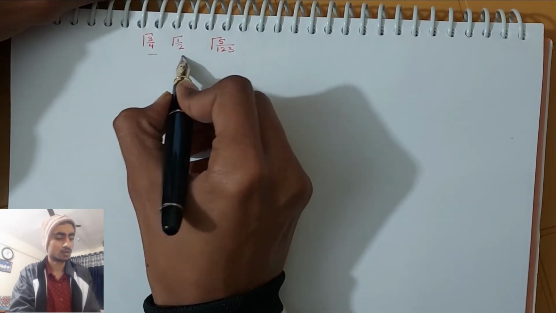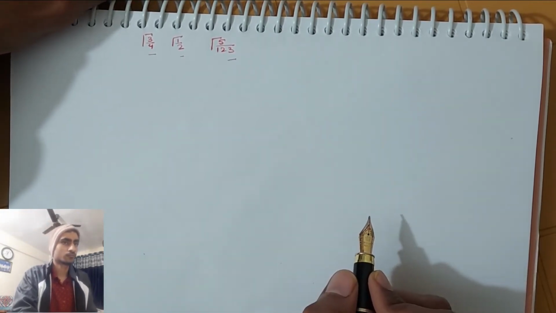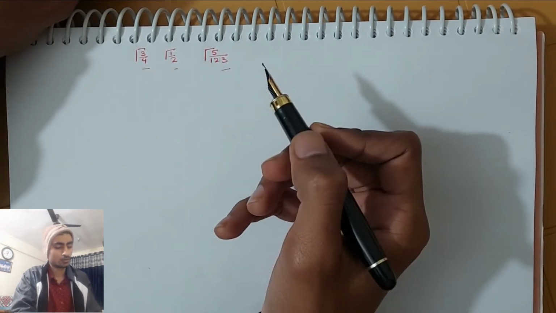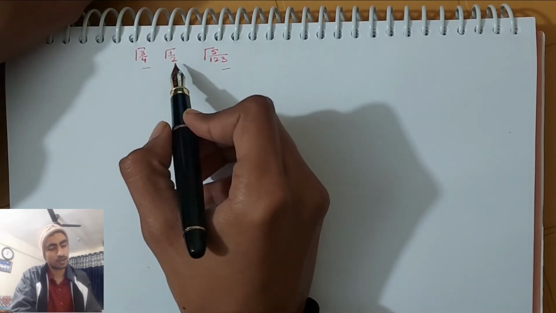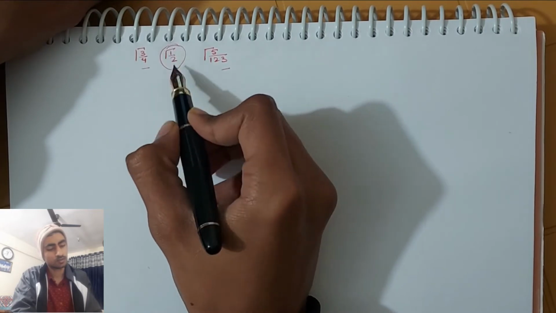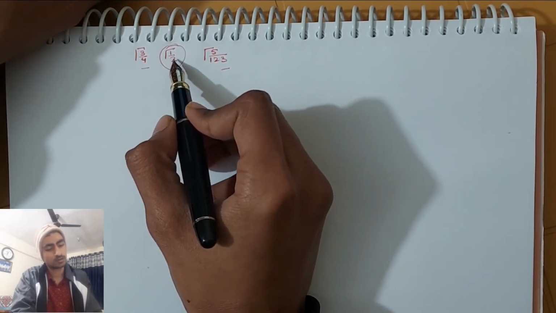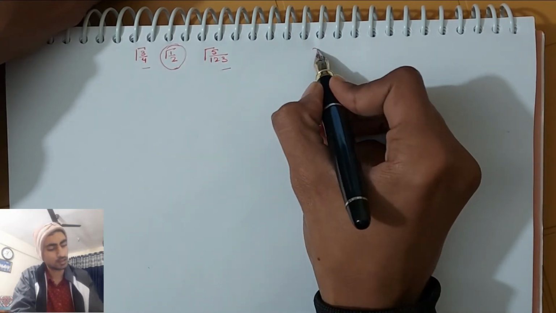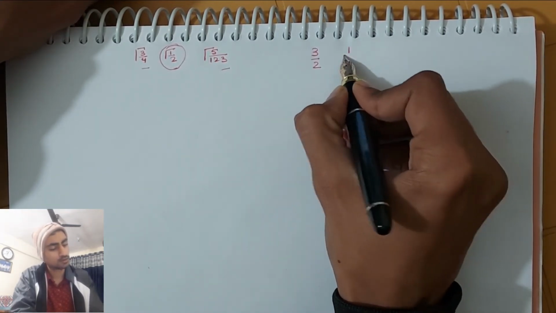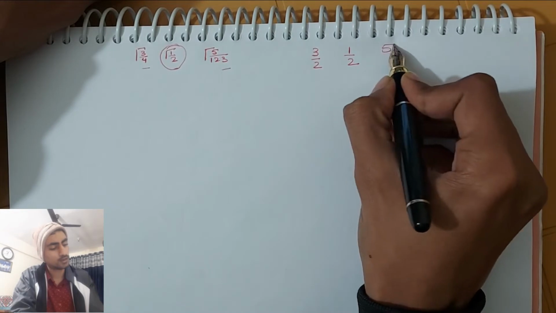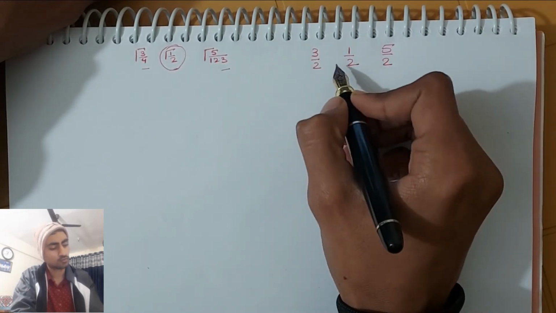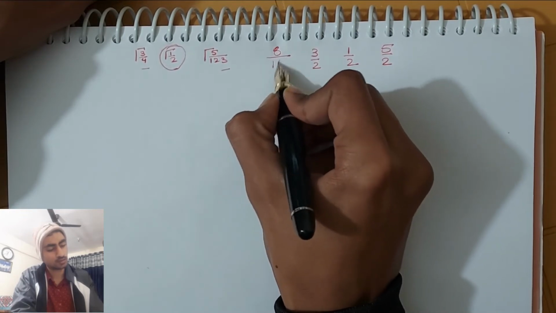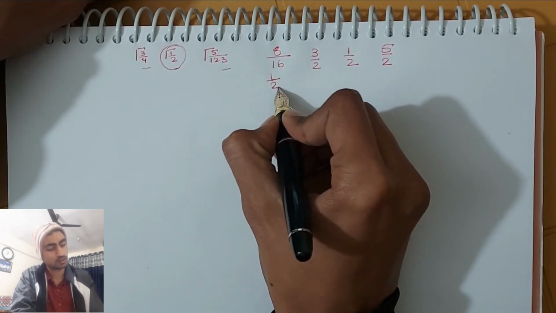There can be many kinds of fractions, but what we can logically calculate by hand are those in which the denominator is equal to 2, like 3 by 2, 1 by 2, 5 by 2. In the reduced form, like 8 by 16 can be written as 1 by 2. So they are the same thing.